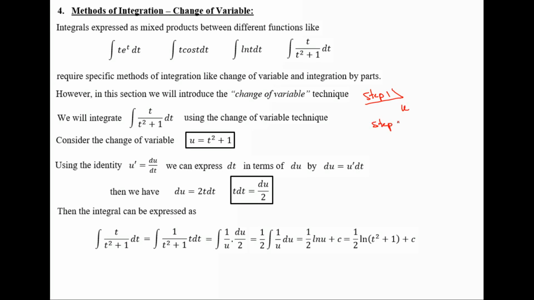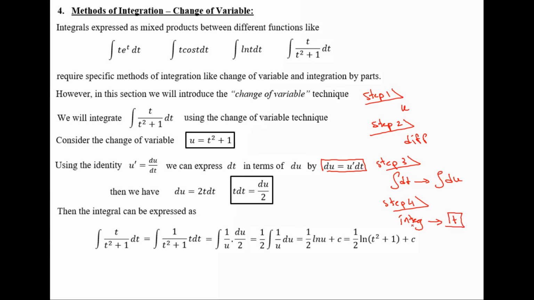Step 2 is the differential step, which is basically this one here. Step 3 is to convert the integral completely from dt to an integral given by du. And step 4 is to integrate, then express our final answer as a function of t.